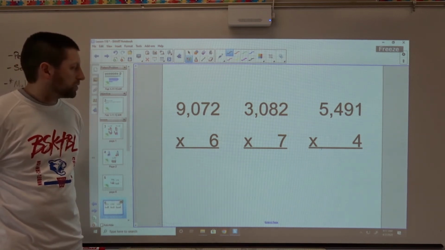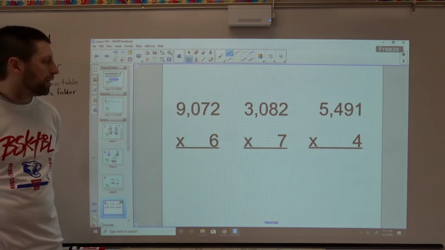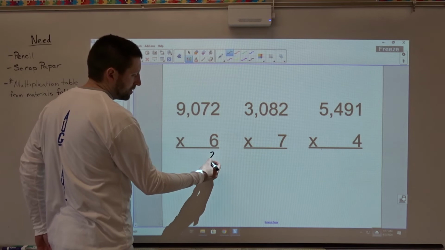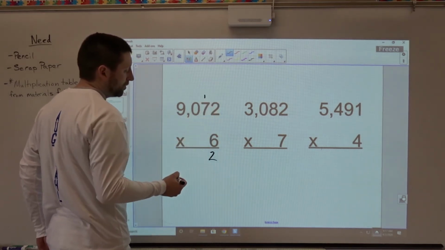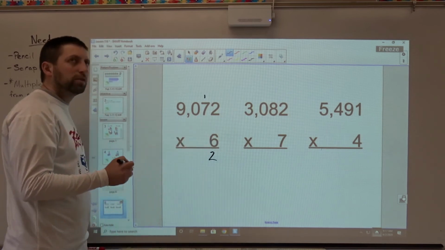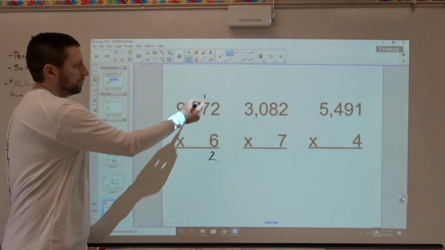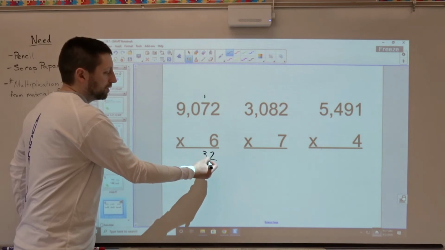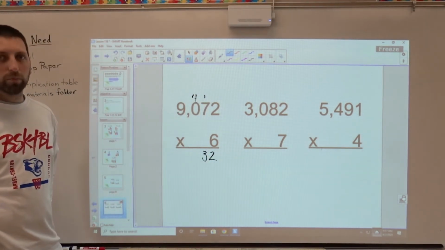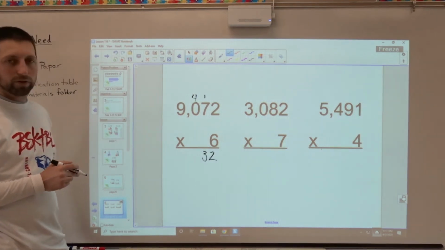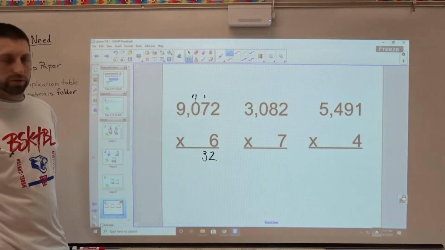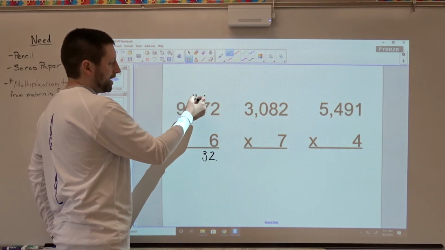Alright, welcome back. Let's try these 3 problems together. 2 times 6 is 12. I regroup. 7 times 6, 42. Plus 1 is 43. Put a 4 right above the 0. When I move it over, I want to move it over 1 spot every single time. 6 times 0 is 0, but then I have to add 4.